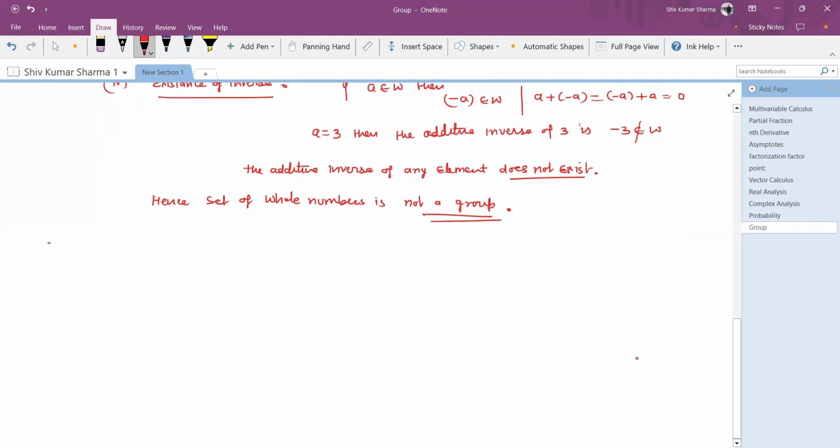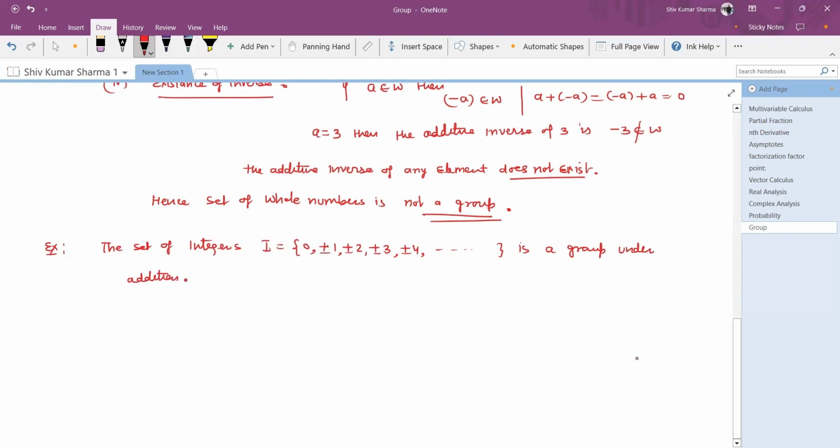The next example we can take is the set of integers, I equal to 0, plus minus 1, plus minus 2, plus minus 3, plus minus 4, and so on, is a group under addition.